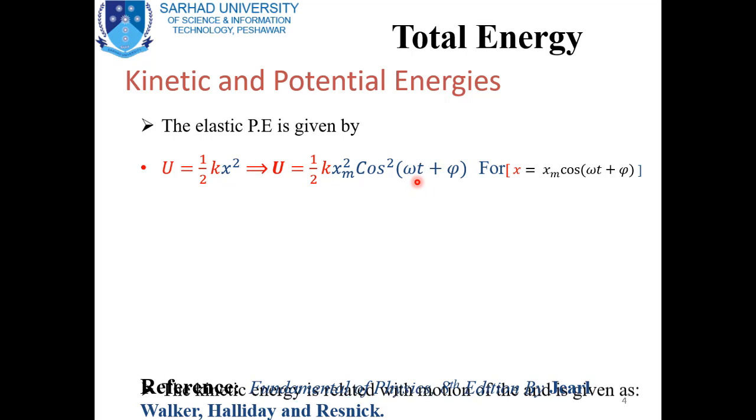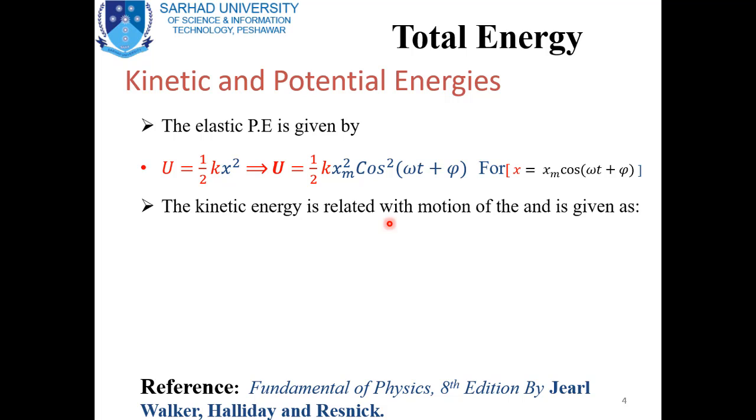The kinetic energy of any body is related with the motion of the object, and can be written as K is equal to half mv square, where this K represents the kinetic energy. Don't confuse this K with the spring constant.